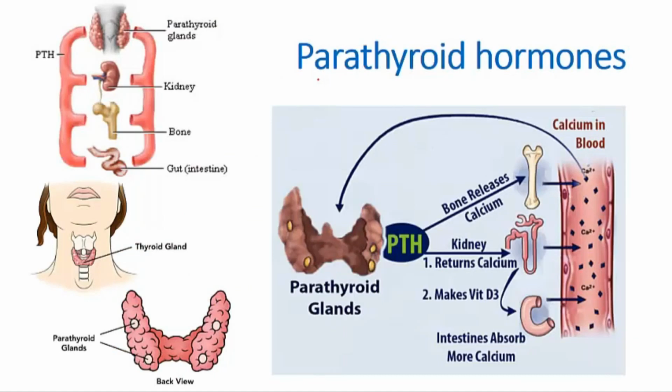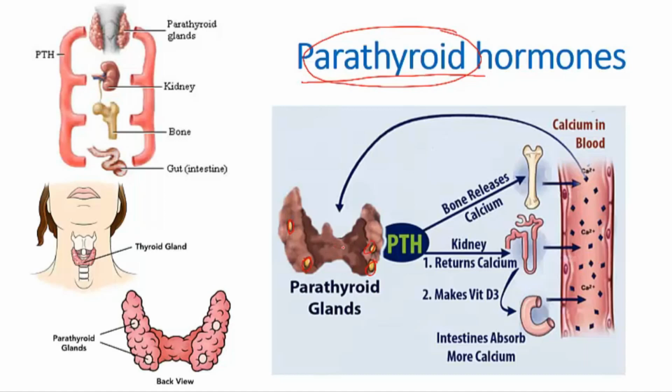Now the another type of gland that we are going to talk about is the parathyroid gland, and the hormone secreted by the parathyroid gland is known as parathyroid hormone. The parathyroid gland is located actually in the thyroid gland itself. If you look at the thyroid gland structure, these yellow things are the parathyroid glands.